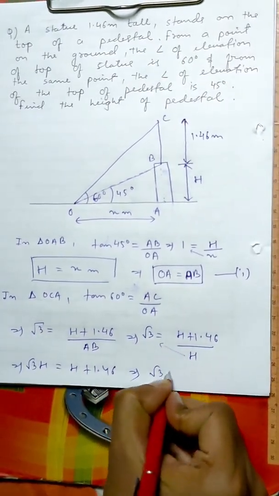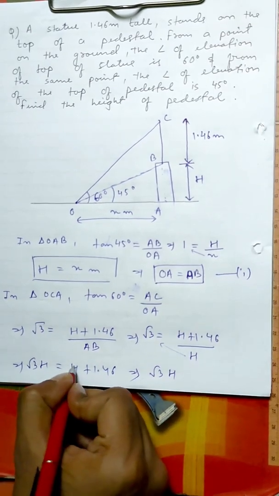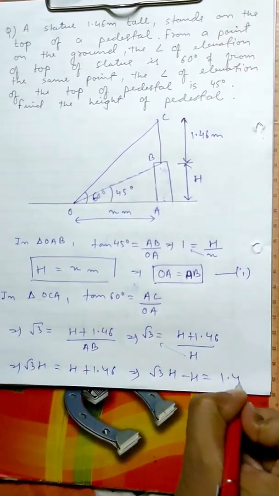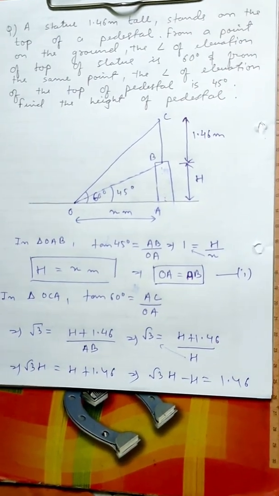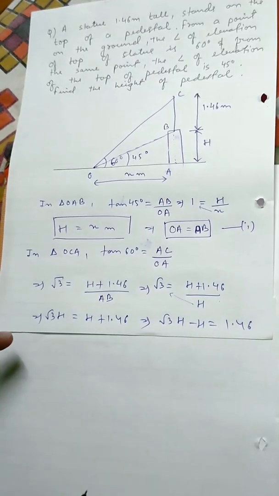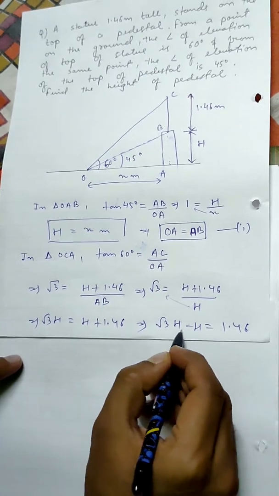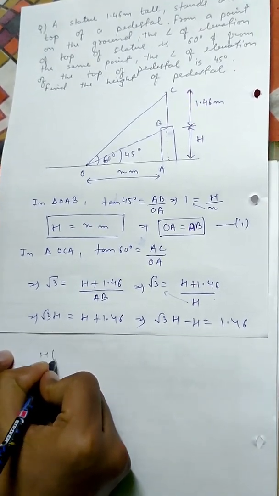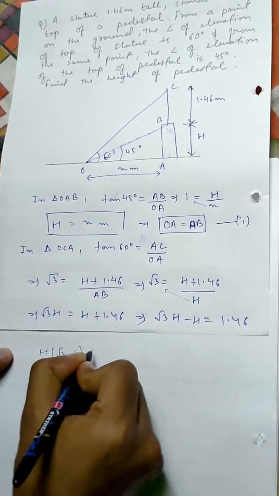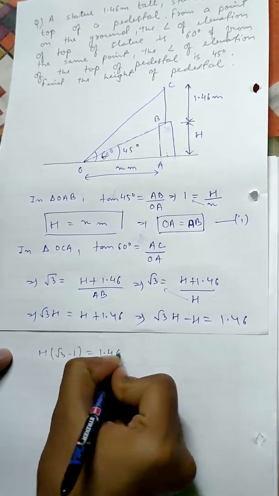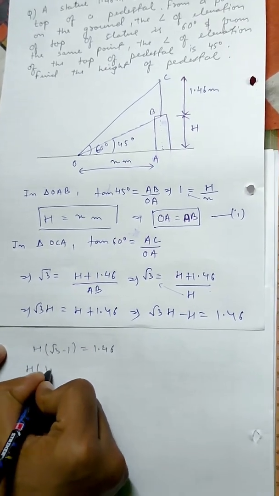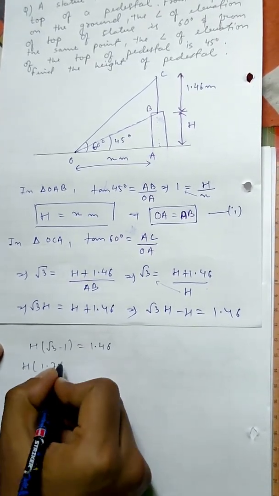So root 3 H, H is out of root. We take this H here, so with a minus sign, equals 1.46. We will take H common. We will get H times root 3 minus 1 equals 1.46. The value of root 3 is 1.73.